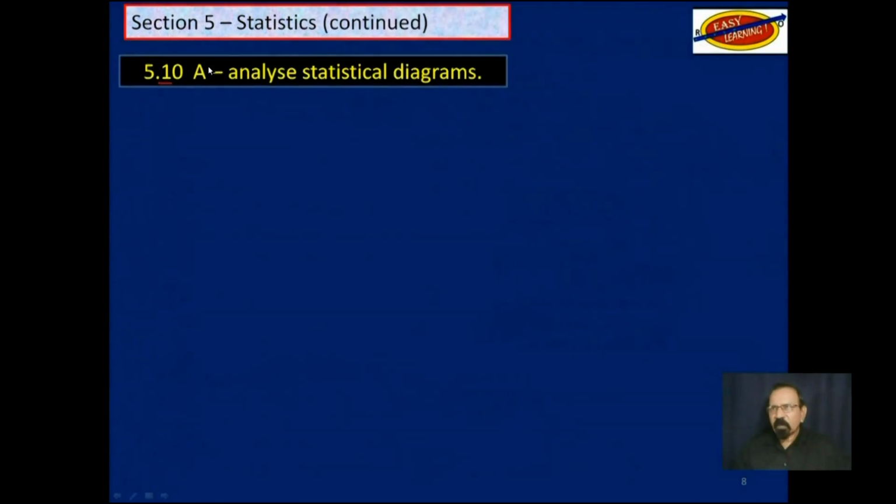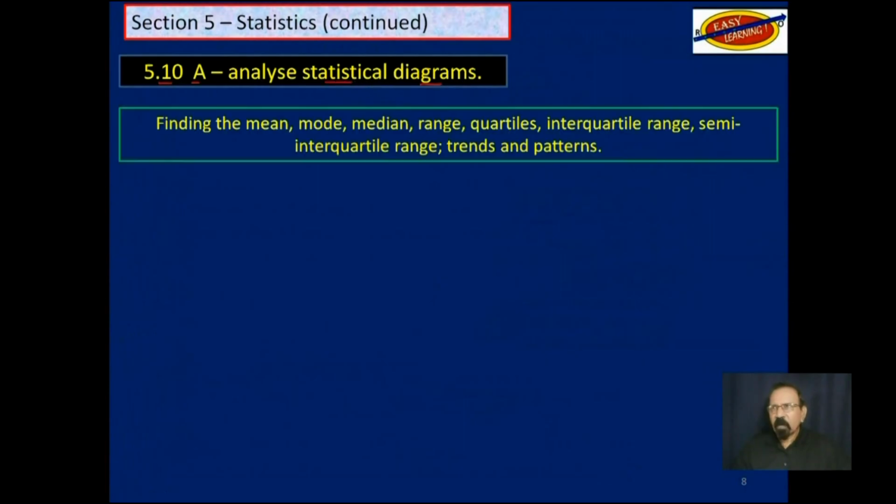Objective 5.10a, analyze statistical diagrams. And to do that, we have to find mean, mode, median, range, quartiles, interquartile range, and semi-interquartile range. We also have to look for any trends and patterns in these statistical diagrams.